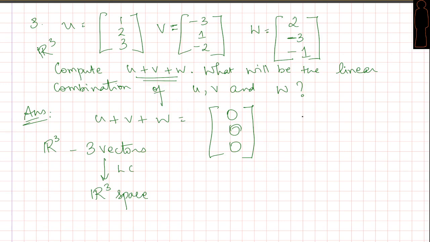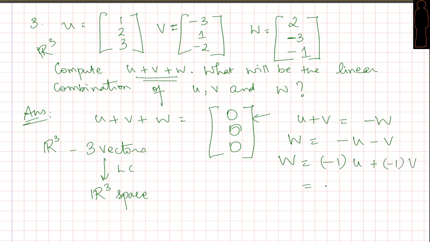So let us look at this carefully. When we look at u plus v plus w, we find that the summation goes to 0, which means, can we say that u plus v is equal to minus w? Or can I say w is nothing but minus u minus v? So I would further express this as w is nothing but minus 1 times u plus minus 1 times v.